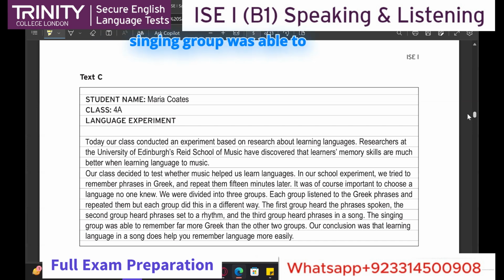The singing group was able to remember far more Greek than the other 2 groups. Our conclusion was that learning language in a song does help you remember language more easily.